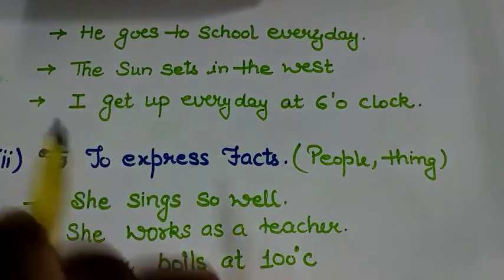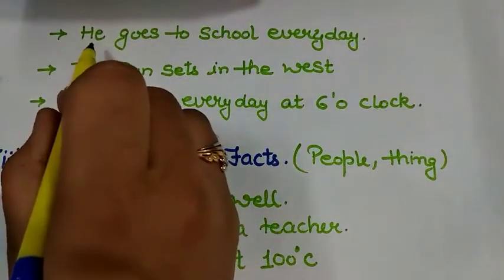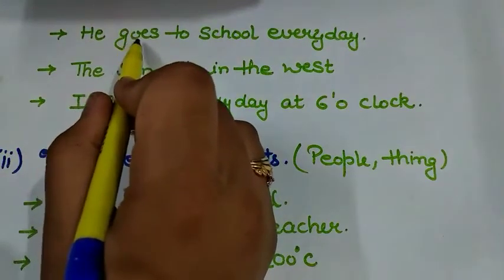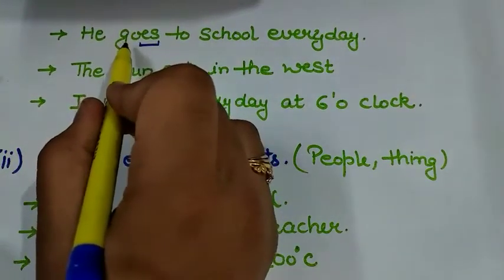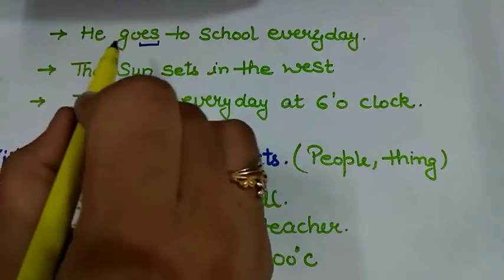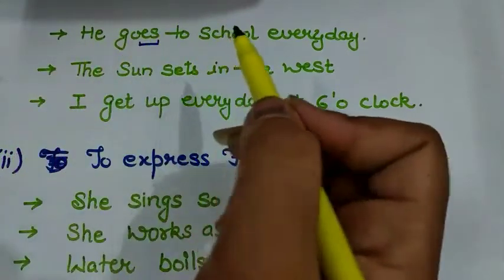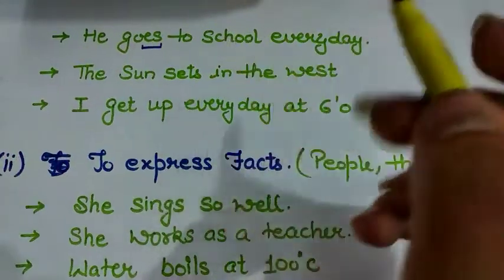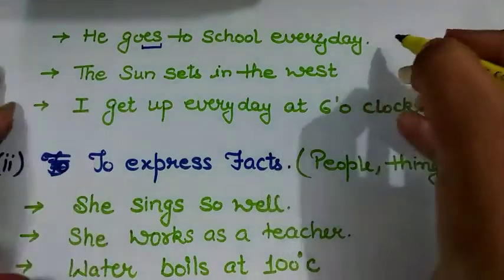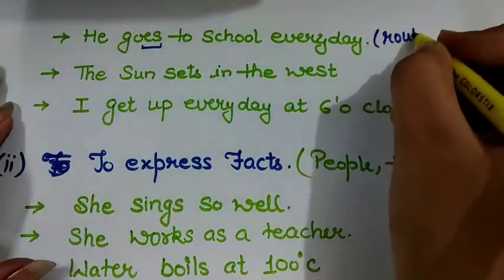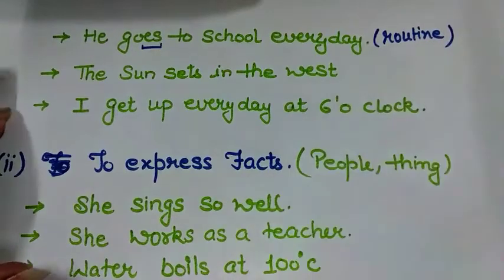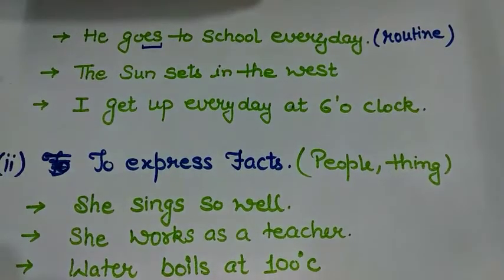Now see, here I have used subject as he and I have used es form with the verb go. So, he goes to school every day is representing a routine action. So I have used simple present tense.